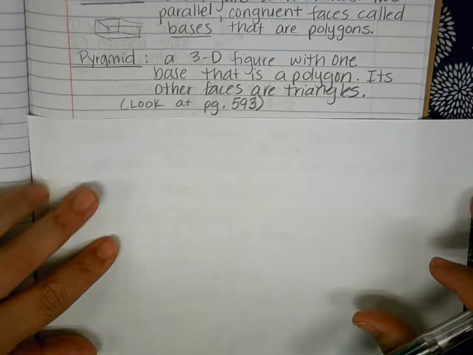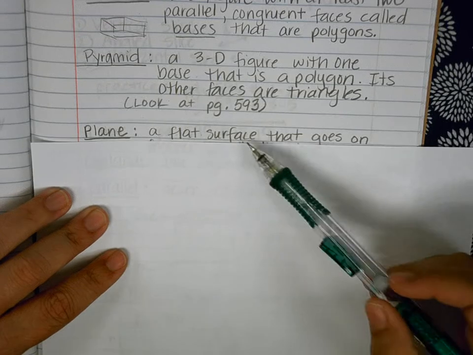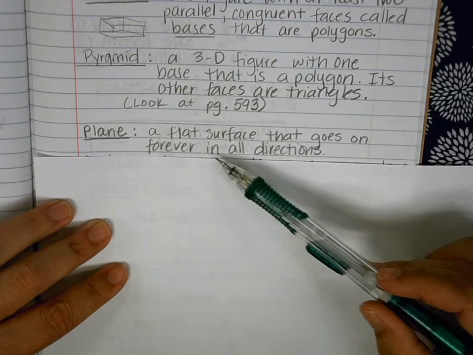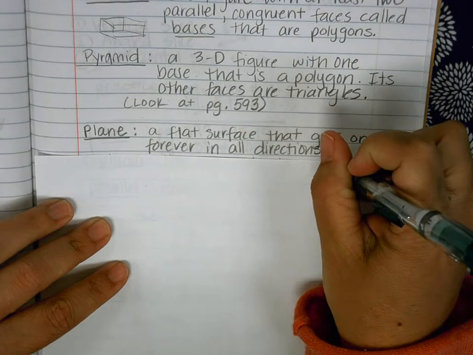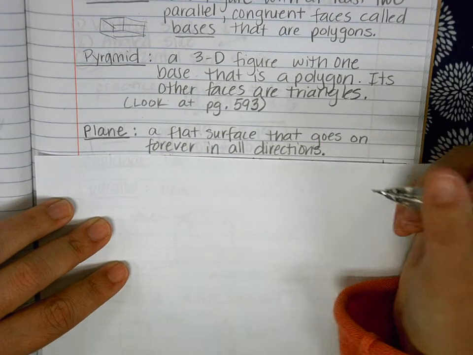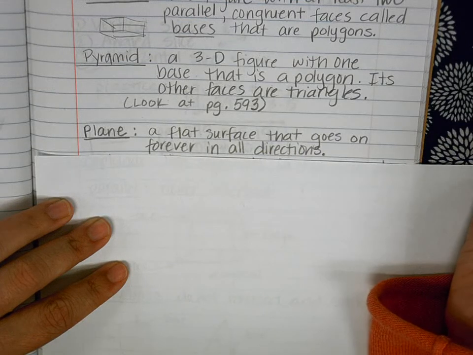All right. A plane, not an airplane, a different plane, is a flat surface that goes on forever in all directions. This would be something like the universe.